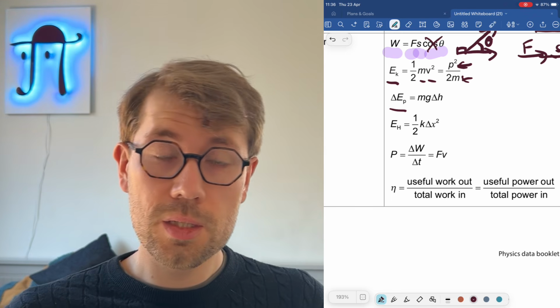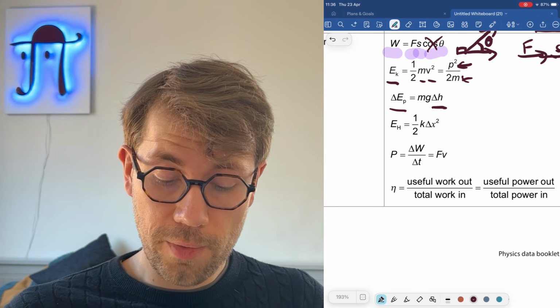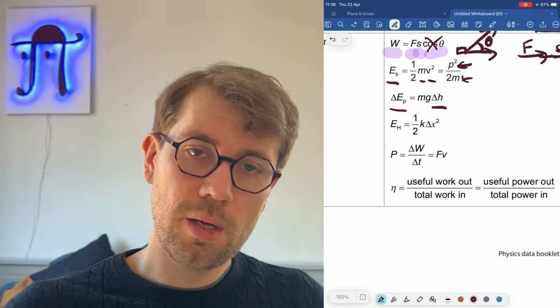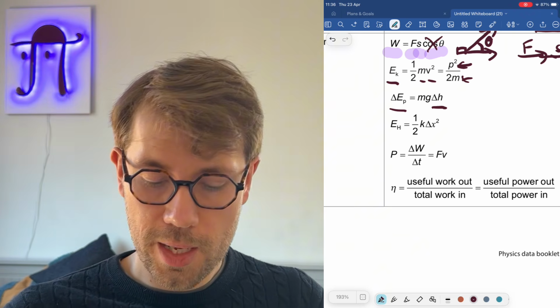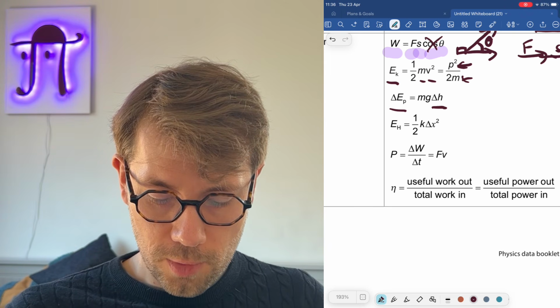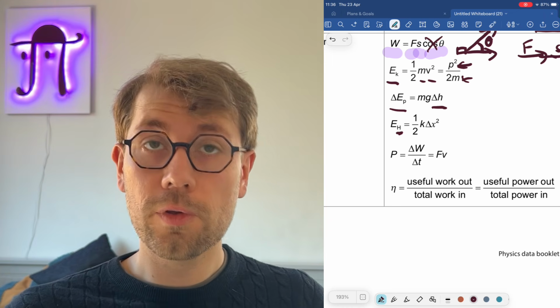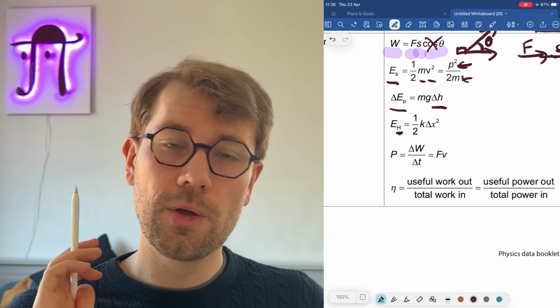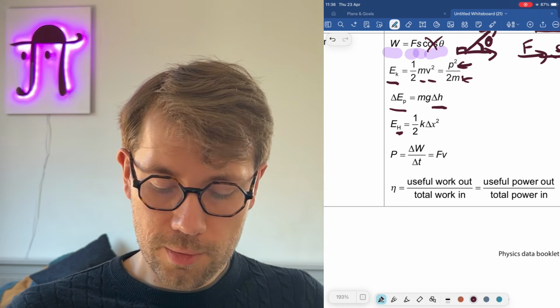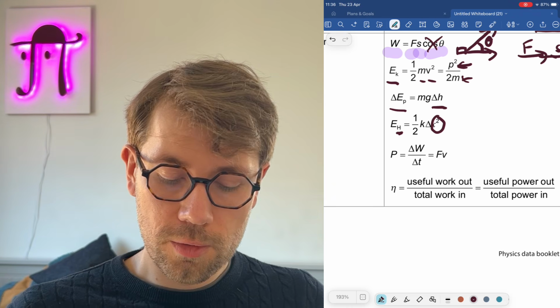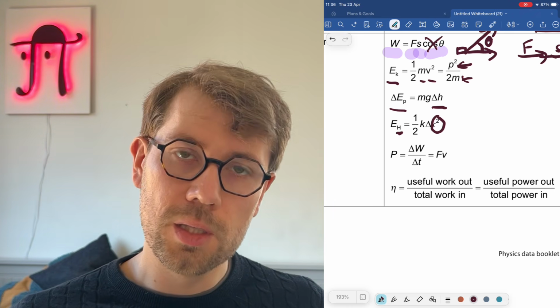Then let's look at what else we've got. Gravitational potential energy, nothing too difficult about that. Delta h is change in height. The higher something is, the more energy it has. Then we've got a little h here for Hooke's law, which is related to springs. We've already seen that. And we've got that x for extension again. So the more you extend a spring, the more energy you store in it.